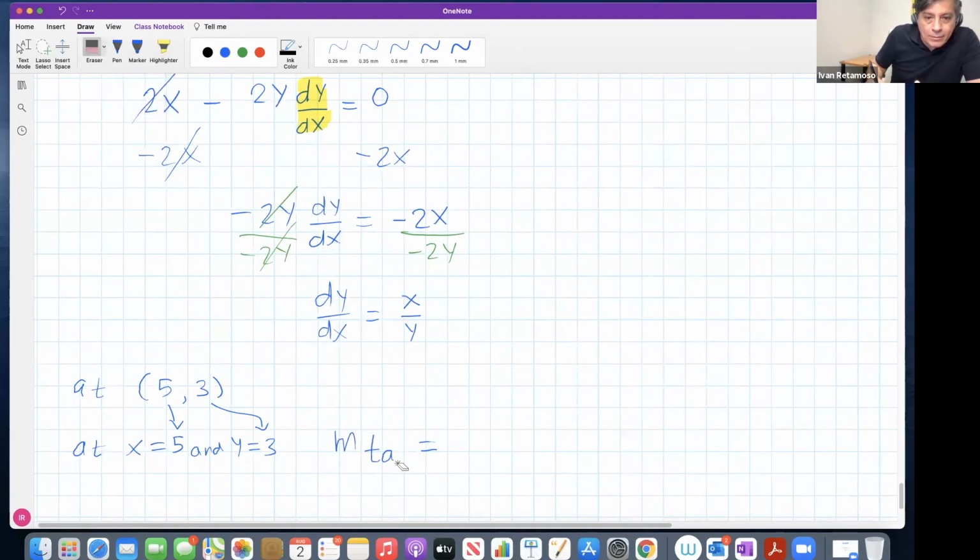I use the formula I just got there, which is x over y. And I substitute x is 5, y is 3. So this is it. I am done. This is the answer to my problem.